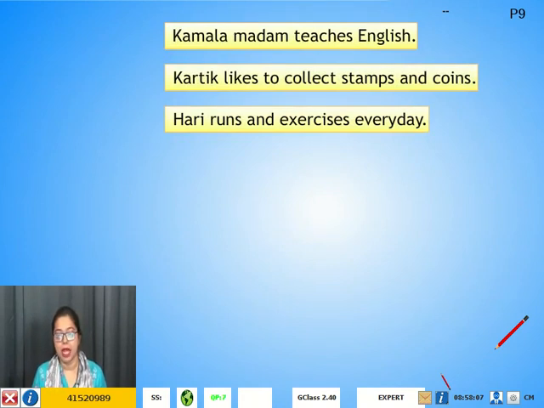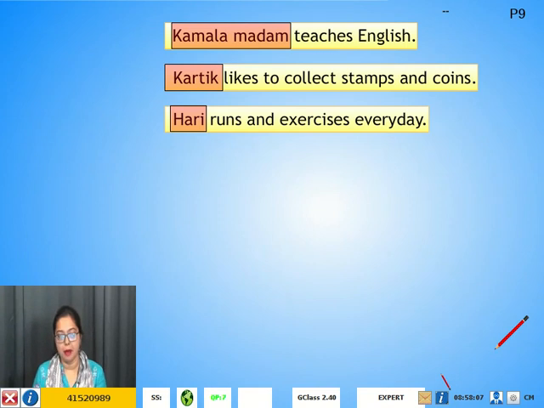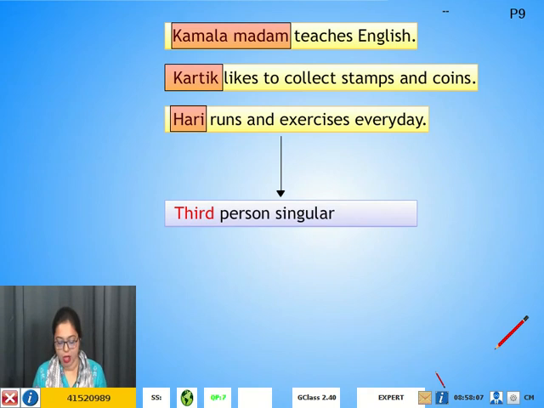Kamala madam teaches English. Karthik likes to collect stamps and coins. Hari runs and exercises every day. So you see here Kamala madam, Karthik, Hari, what are all these? These are subjects, and these are third person singular.